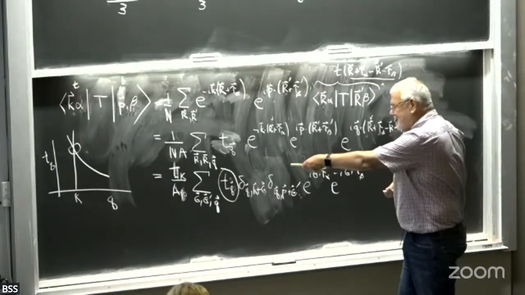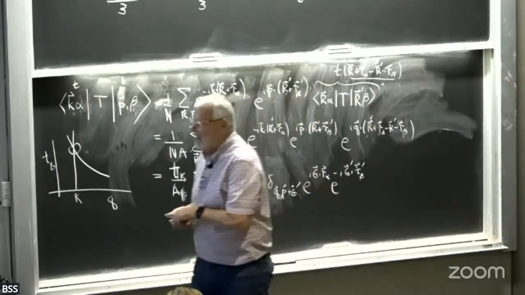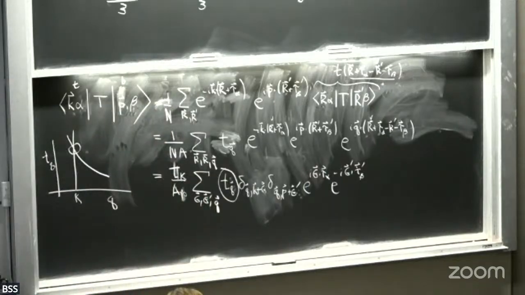Now, this process has a given K in one layer hop to the same K in the other layer for G equal G prime equals 0.